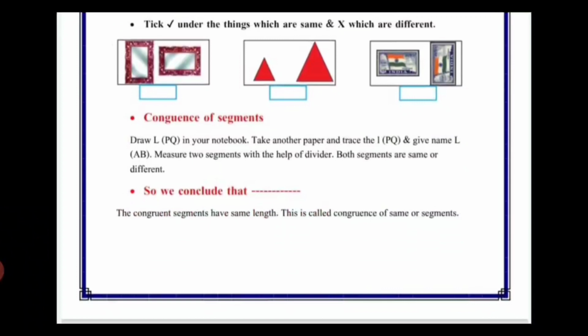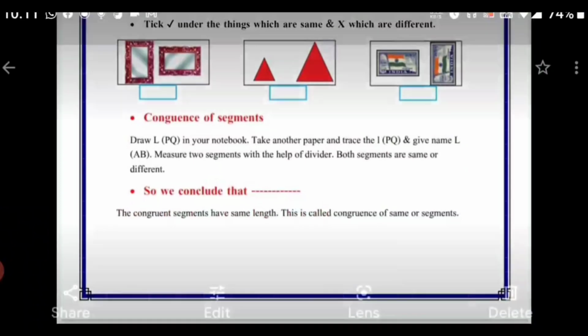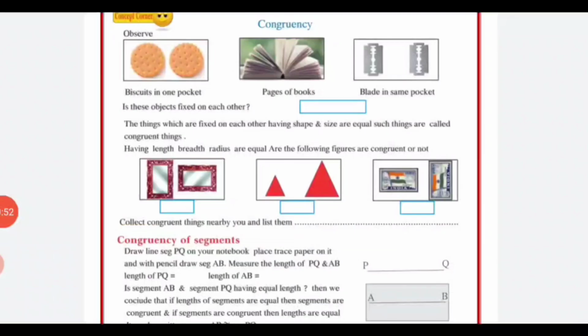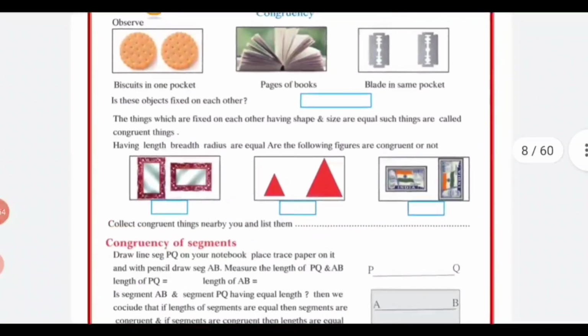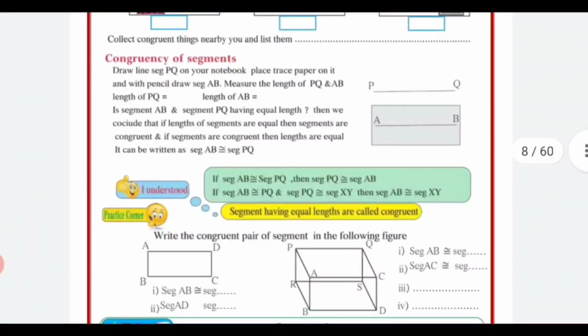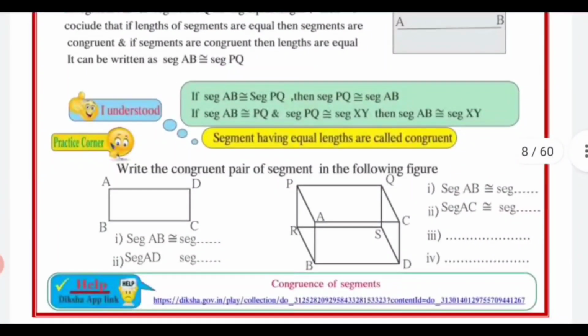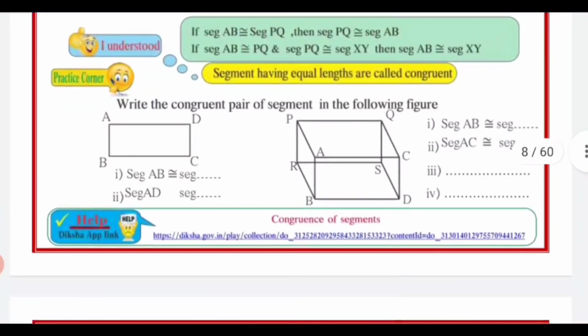I will show you on the next page. We can see that it is on the same page. Here segments having equal lengths are called congruent segments, and we have these 2 diagrams in the practice corner, and we have to write the names of congruent segments from this practice corner.